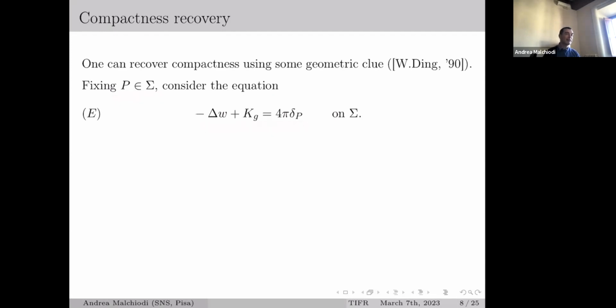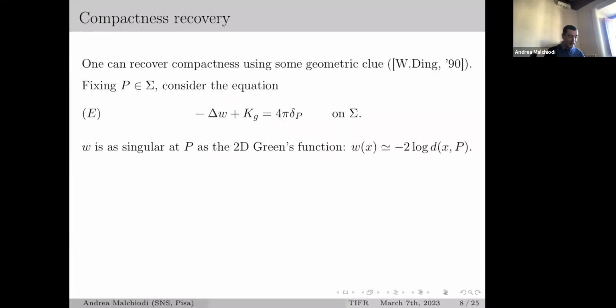I'm replacing the right-hand side, which had an exponential function, by now a measure, which is the most concentrated measure you can imagine, namely a Dirac delta on the right-hand side here. Now the solution that you can find is actually as singular as the two-dimensional Green's function. So it has a logarithmic singularity at this point P.